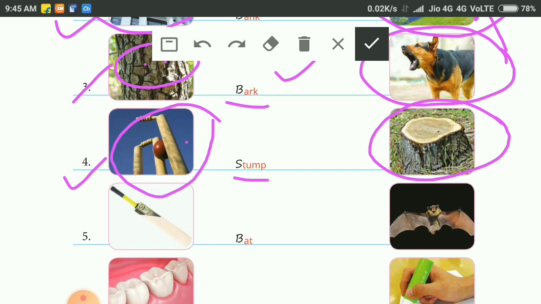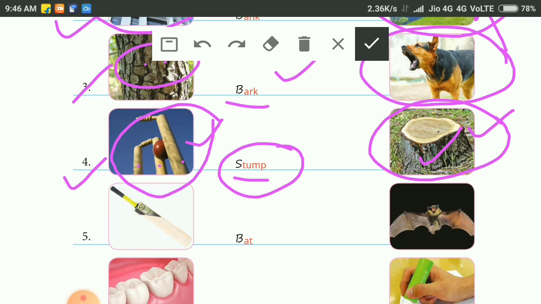In cricket, a set of 3 upright wooden sticks that form the wicket is called stump. And look, this is also stump because the part that is left after something has been cut down, broken off, etc. is also called stump. And this is the part of a tree which is left after cutting a tree. So you can use stump for both the pictures.